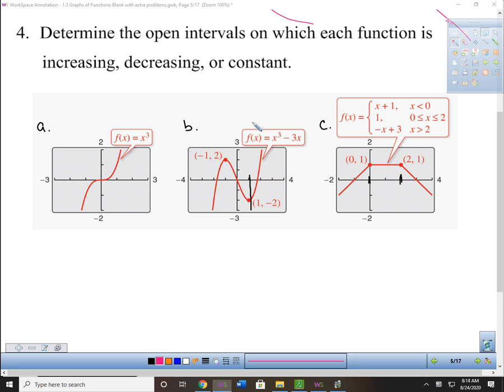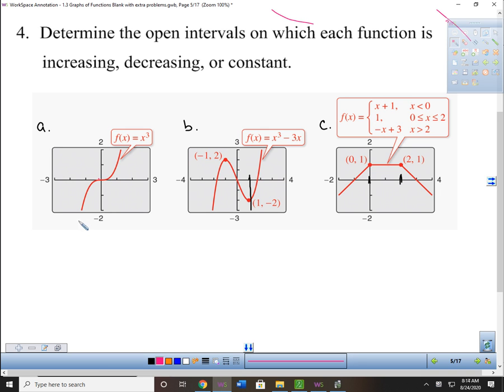So if you're looking at this graph, I am increasing. Now I'm talking about from left to right. Okay, I don't use my y values. So I'm coming along here. This is increasing until it gets to 0, correct? When it gets to 0, then it starts increasing again.